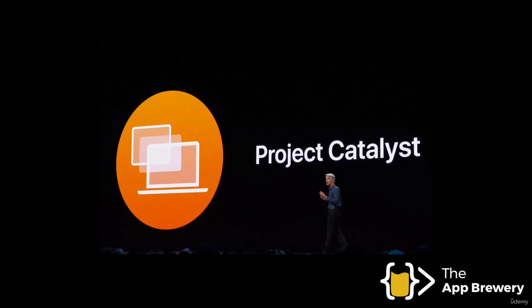Now, not only is the UI more reusable across different Apple platforms, they've actually made it a lot easier for us to build our iOS apps, say for iPhone or iPad, and turn it straight into a Mac app through something called Project Catalyst.